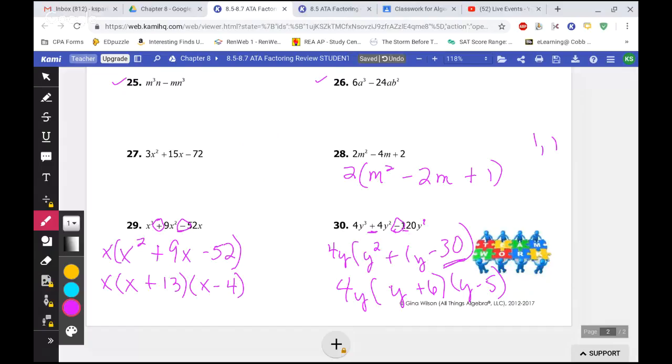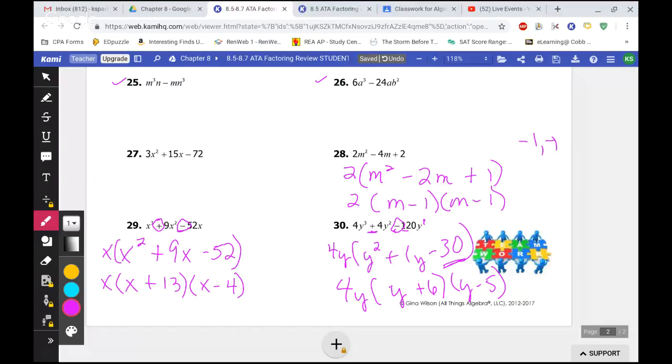So in order to get a negative, these would both have to be negative. A negative 1 times a negative 1 is a positive 1. A negative 1 plus a negative 1 is negative 2. So m minus 1, m minus 1.